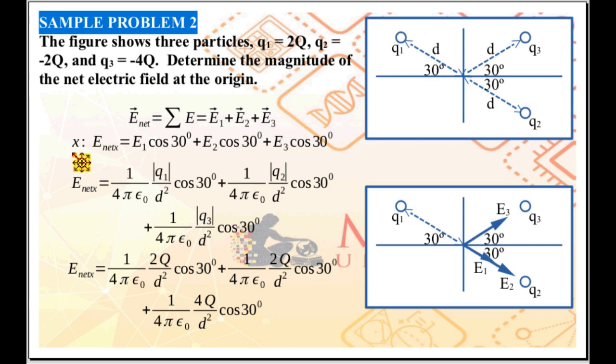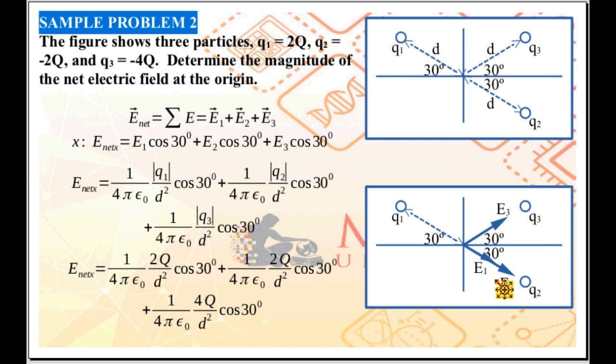Starting with the x component, we have x component of E net. We have E net x. X component of E1. E1 is in this direction. X component is positive direction adjacent to 30 degrees. So, positive E1 cosine 30 degrees.